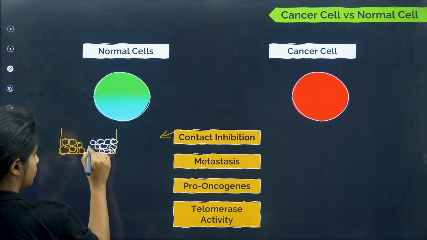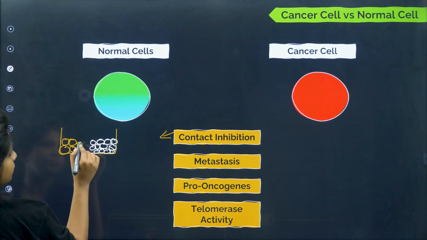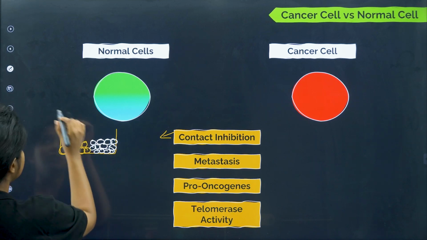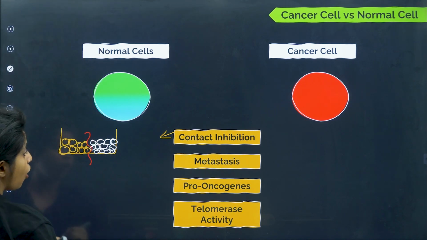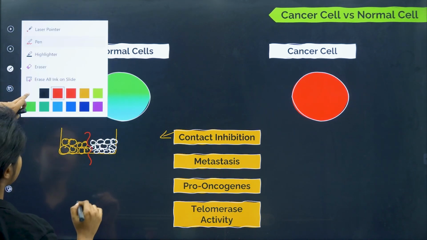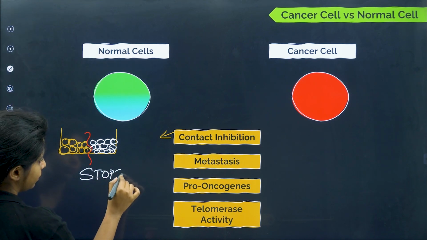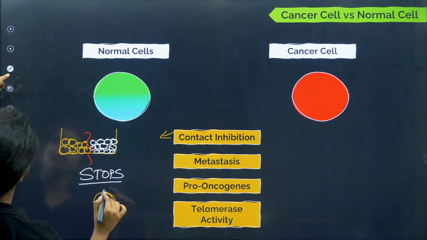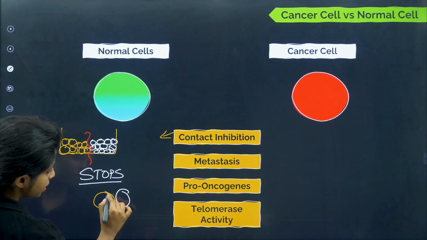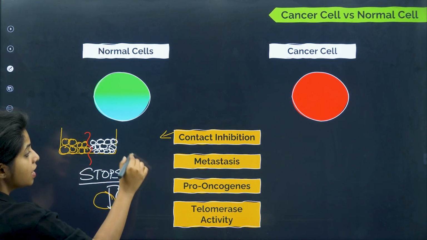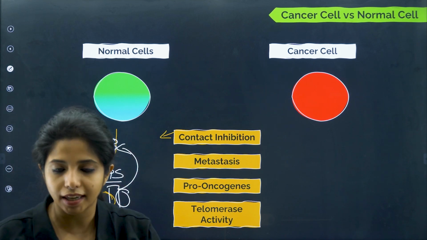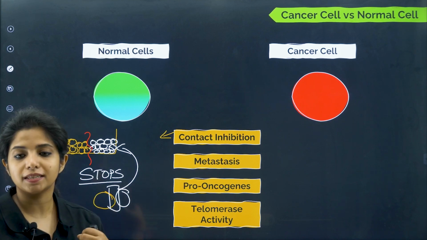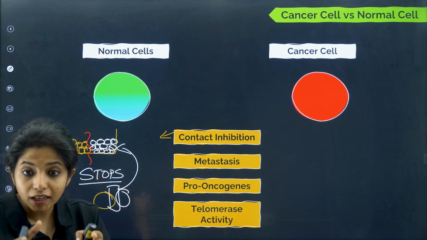But once these cells come in contact with other cells which are dividing, this process of division stops. Because of this contact, they are not going to divide again. This is what you mean by contact inhibition. You are inhibiting someone or something because you are getting in contact.